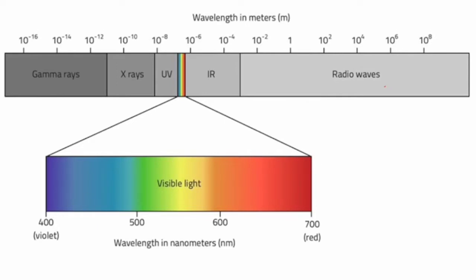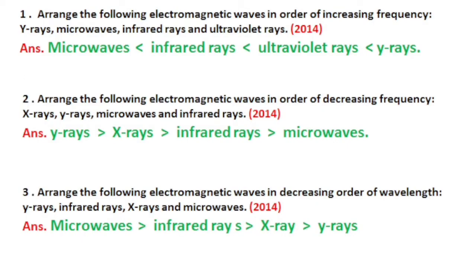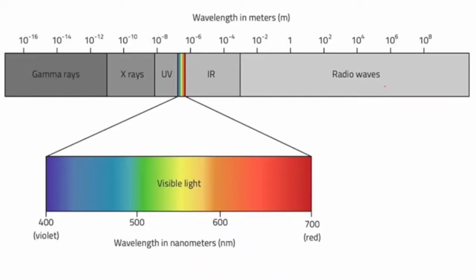Now let us start first with question number 1. Arrange the following electromagnetic waves in order of increasing frequency. Starting from gamma rays to radio waves, it is in the order of decreasing frequency. So increasing frequency means starting from microwave, then infrared, and maximum frequency is which wave?